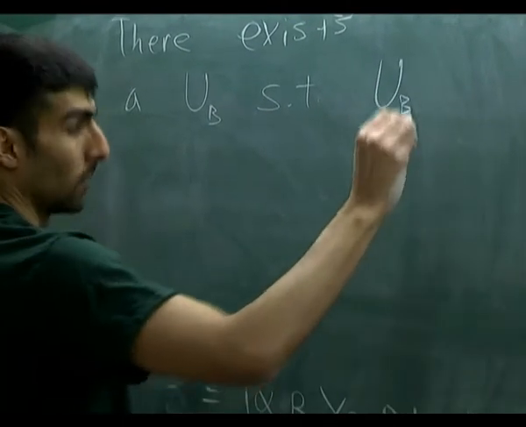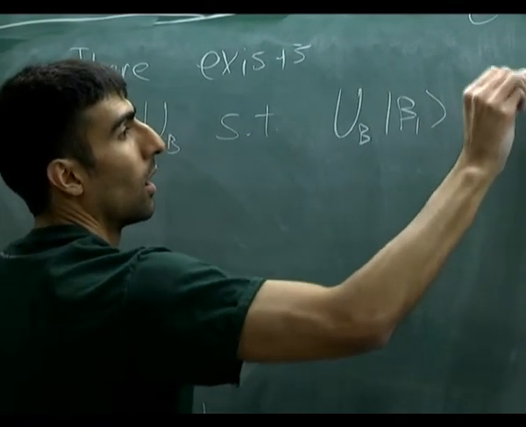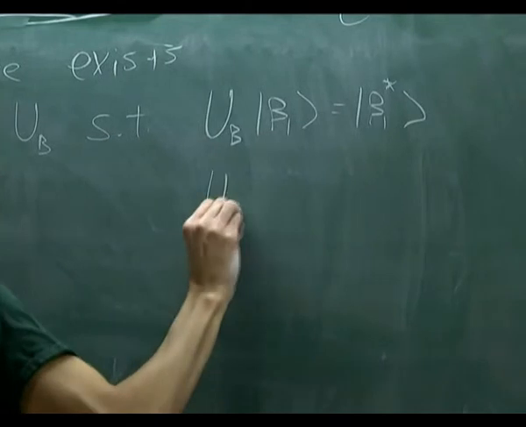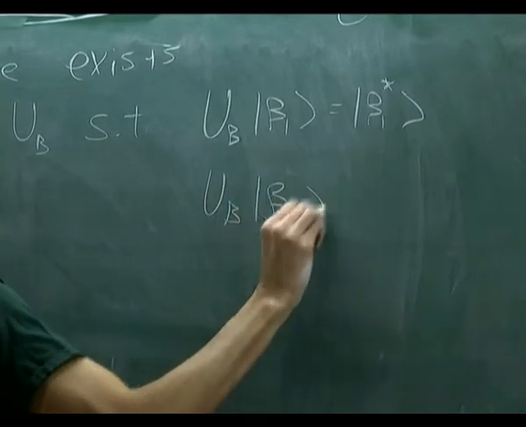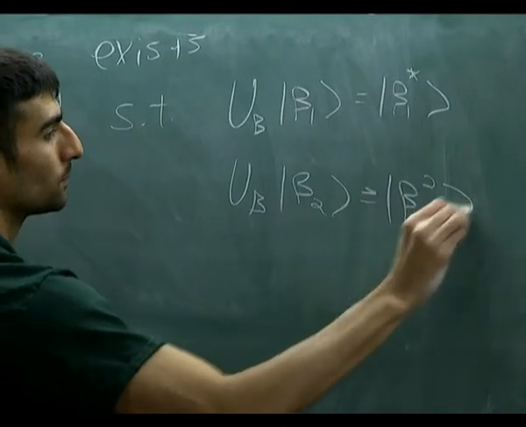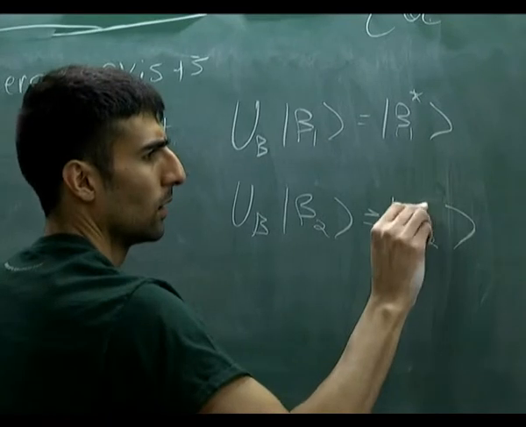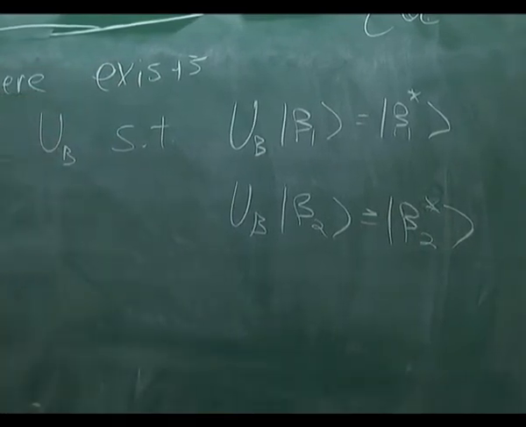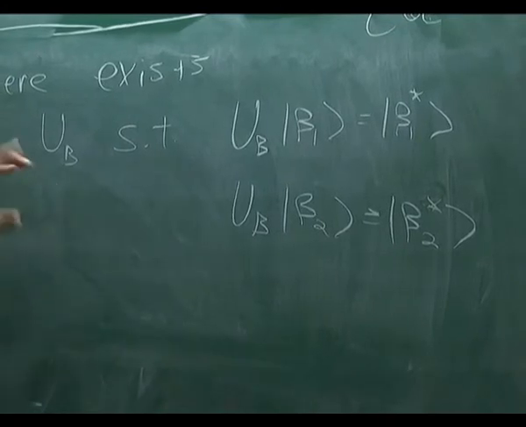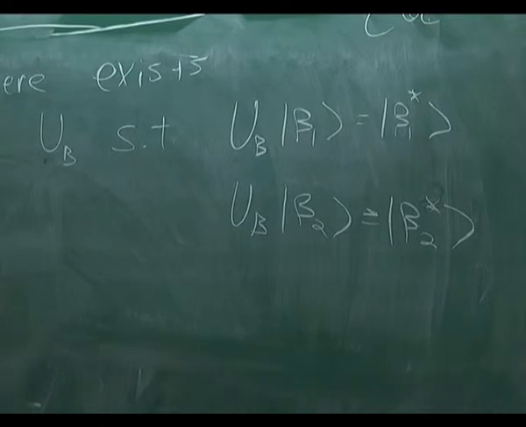UB acting on beta 1 gives us its complex conjugate, and UB acting on beta 2 gives us its complex conjugate. Okay, and again, this only works, that there exists a unitary, because we're only demanding that we're rotating 2 states here.